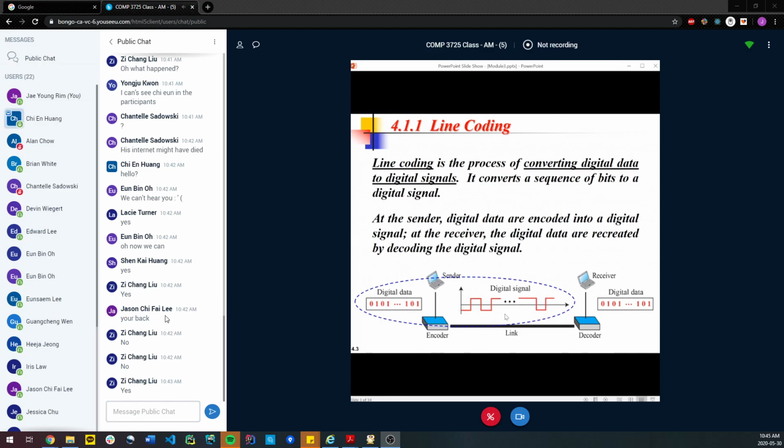This whole process of line coding is looking at how we can use different representations within this digital signal. One of them would simply be the voltage levels. It doesn't really matter what I use as long as I have an agreement with the receiver. So if I'm trying to say, Zitang, I'm going to transmit to you 0s and 1s: a 0 is a negative voltage, a 1 is a positive voltage.